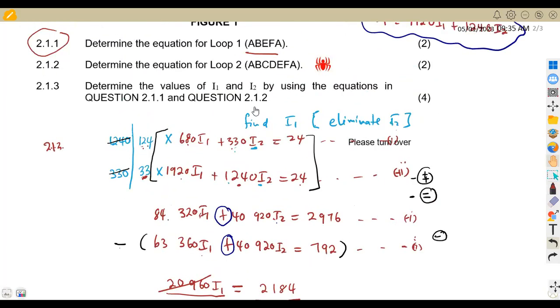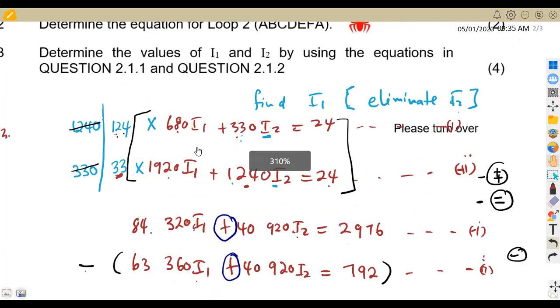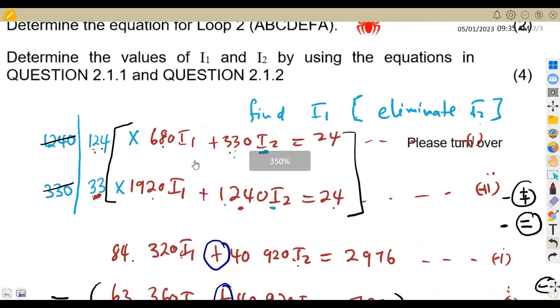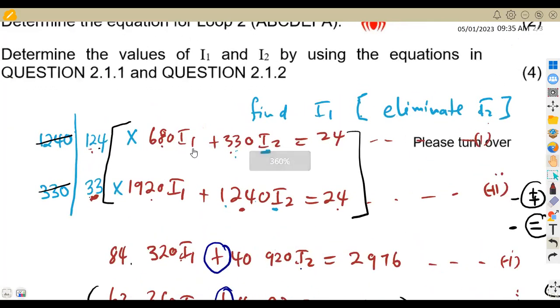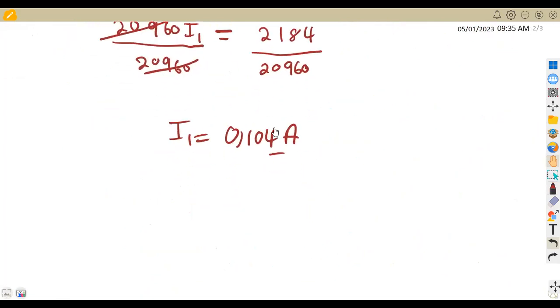So with this current, we can substitute into any part of the equation from these two equations that we had. That is, we can substitute into any equation that you pick in this case. So I'm going to take this first equation of 680 I1 plus 330 I2, which is equal to 24. Then I substitute the value of I1 that I got here.